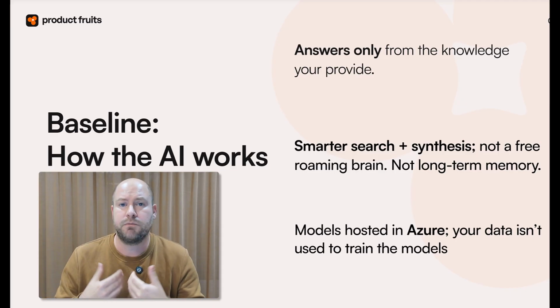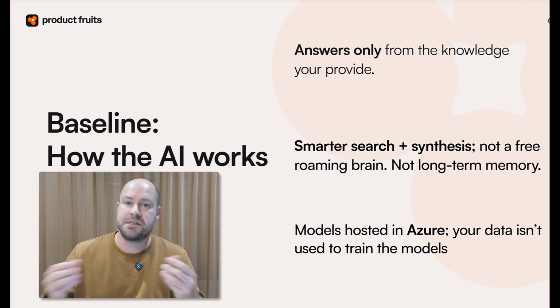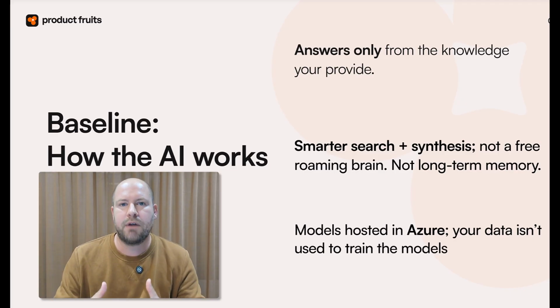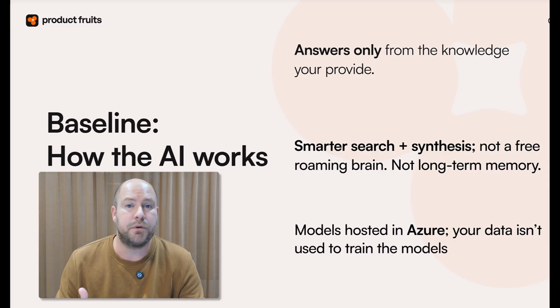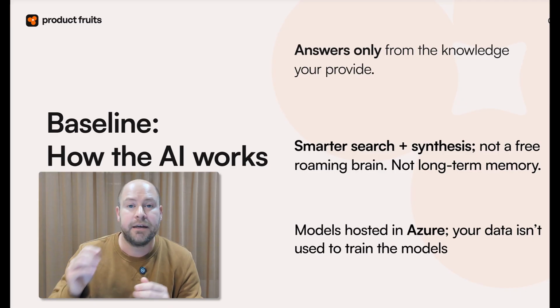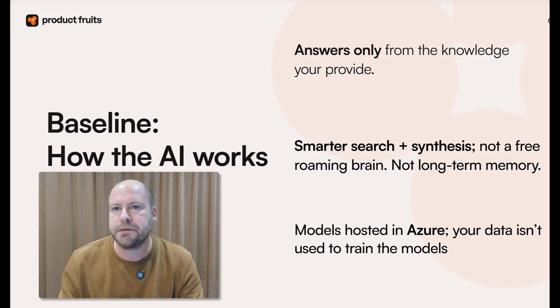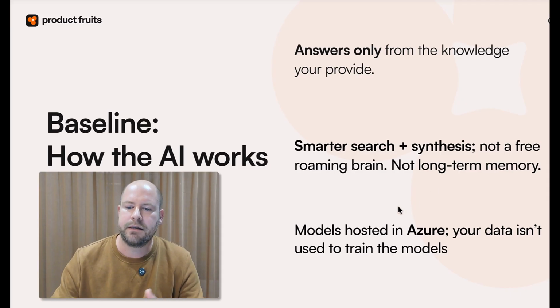You ask it a question, it searches the relevant sources, which can be a lot of them, pulls them together and synthesizes answers based on them. It doesn't have long-term memory, so it's not like when you do something 50,000 times and you already know it in your mind and can immediately react. It always needs to do that search. So it works a little bit differently like that.